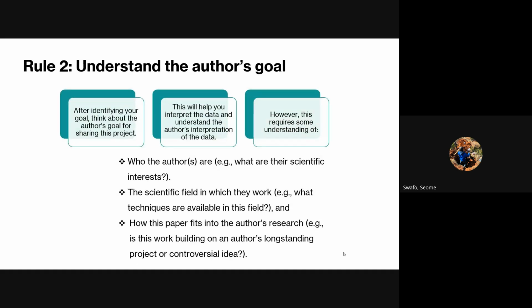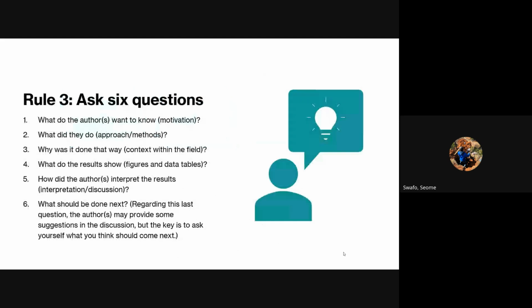You understand your reading better, and then let's go to rule number 3, where you have to ask yourself 6 questions. Because if you just read and read and read and you don't ask yourself these 6 questions, I would say that you are reading a novel rather than a research article.